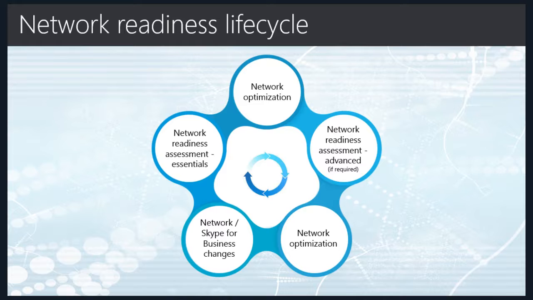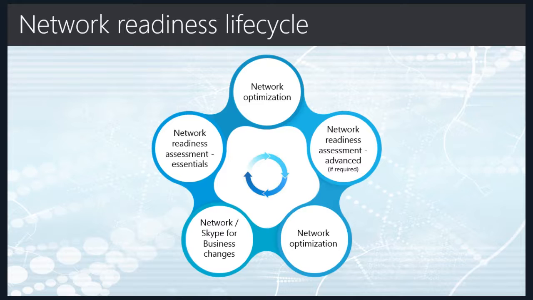You've done your optimization, you've done your network test to make sure that, hey, we've done some changes, they're done correctly, we're ready to run Skype for Business. And now there's actually a change in the network or a change in Skype for Business. After this change, we would expect you to run a network readiness essentials test again. We want to make sure that any changes that have been done to Skype for Business or the network didn't have an impact on the possible quality.